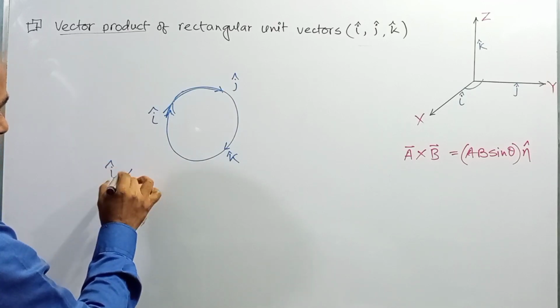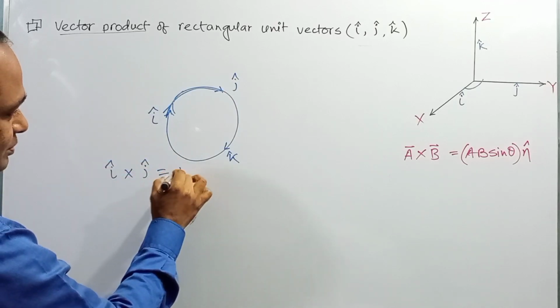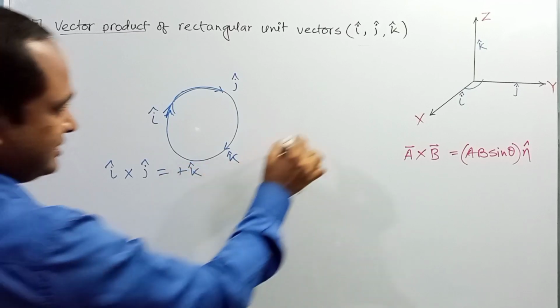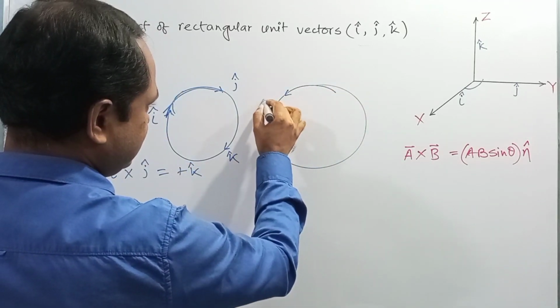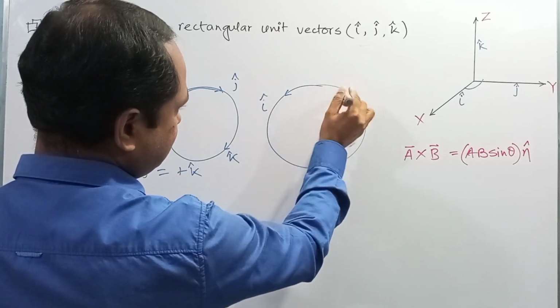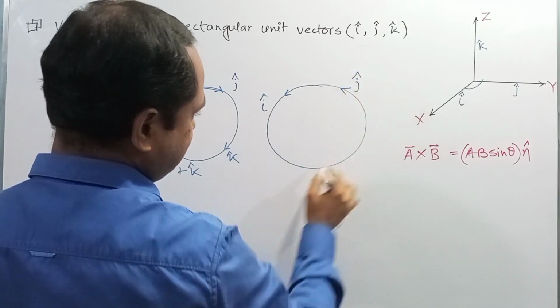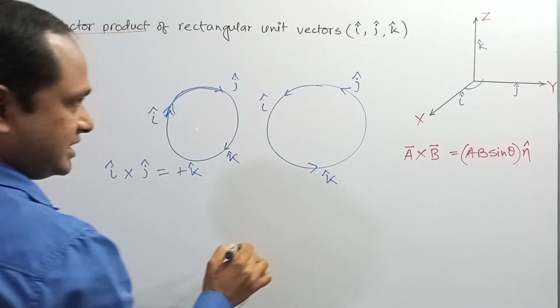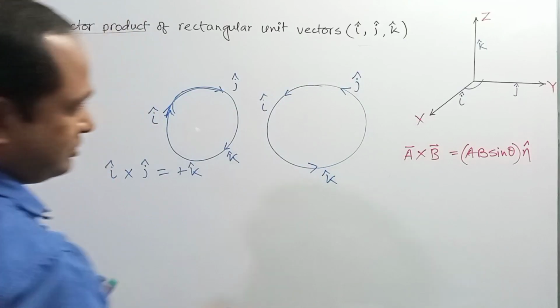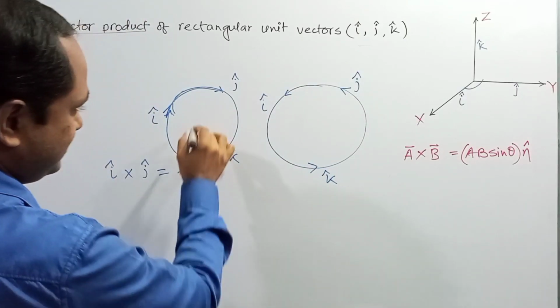So i cross j will be positive k, right? But when it is in the opposite direction, here is i, here is j and here is k, right? When it is in the opposite or reverse order, then you will get the negative direction.